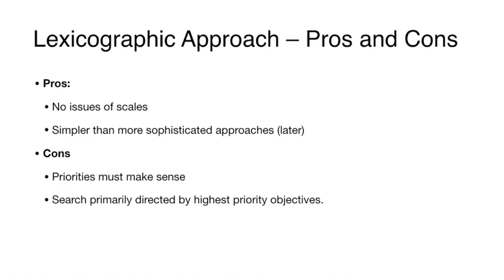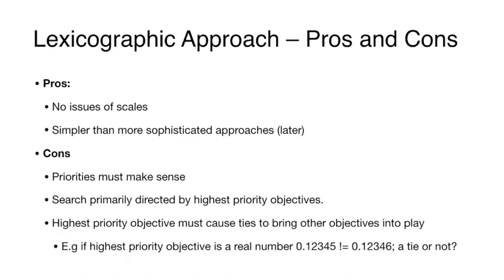And if there are not many ties at the highest priority level, the lower level objectives will not have much say. So essentially, utilizing the lexicographic approach requires good problem insight, and as a user of optimization, you must sit down with the problem expert to carefully decide how to implement the lexicographic approach.